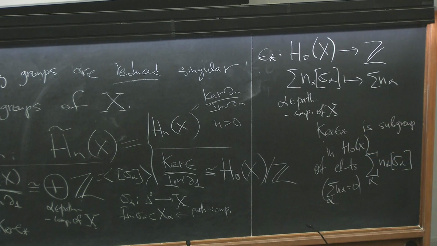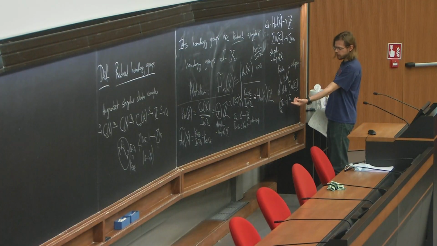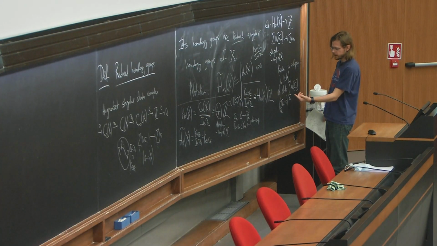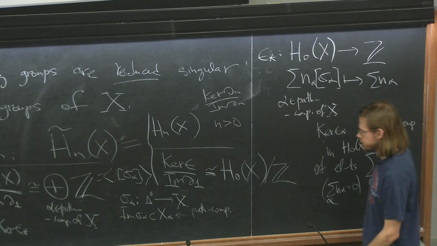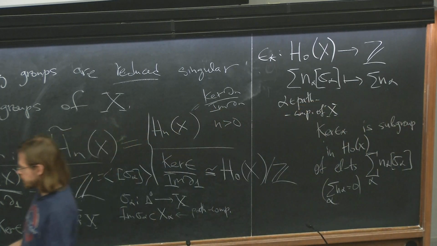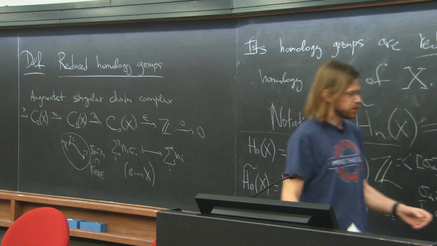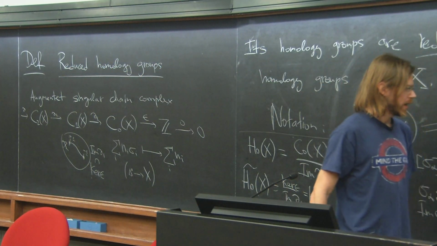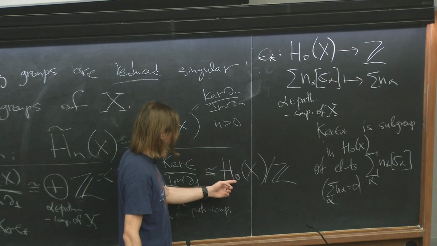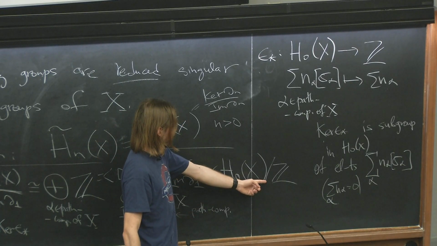But of course, it's obvious from this that it has just one less generator. So it's isomorphic to H_0 of X divided by Z.